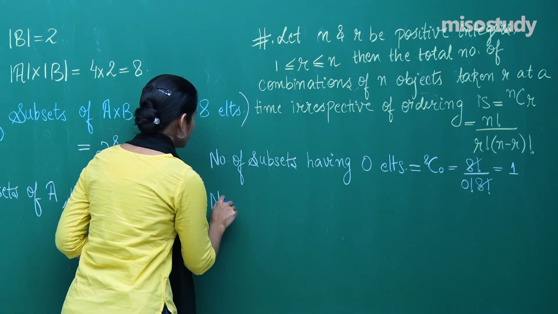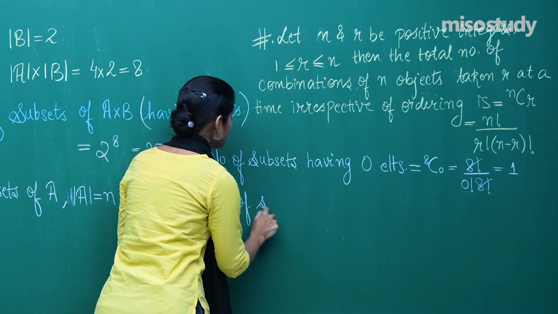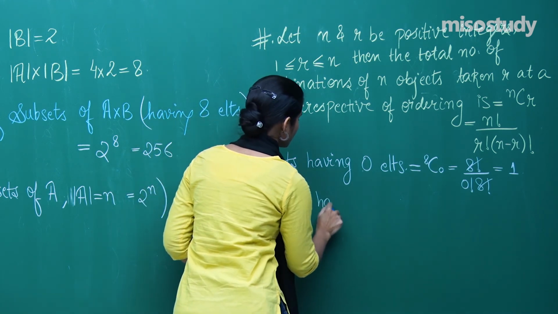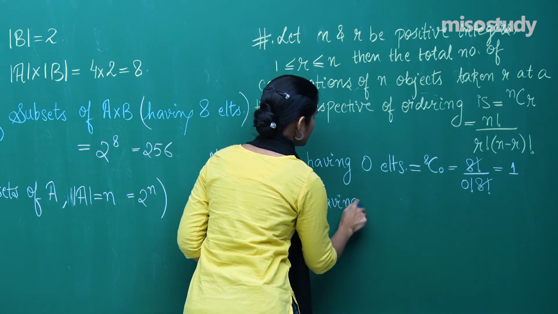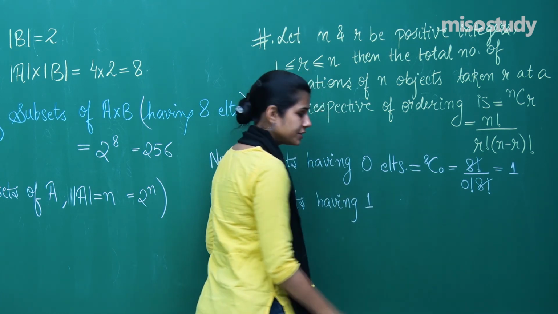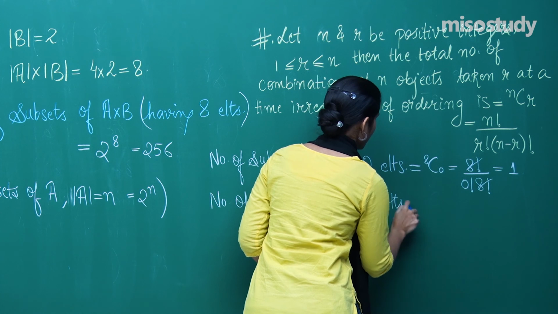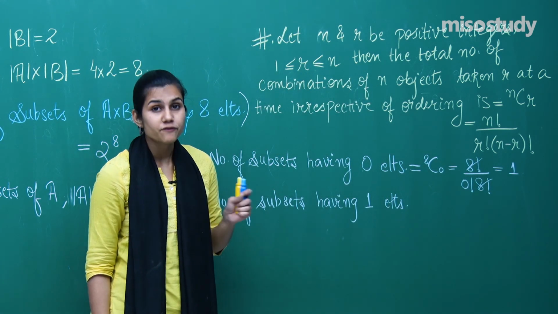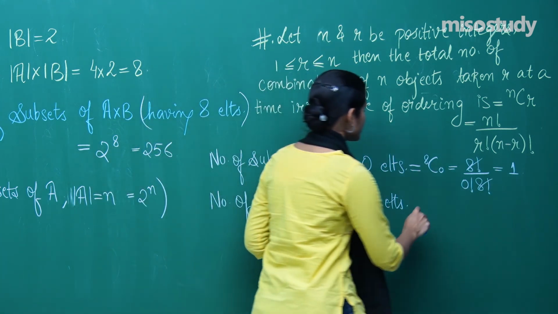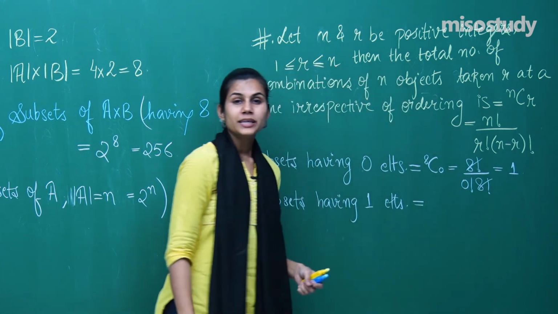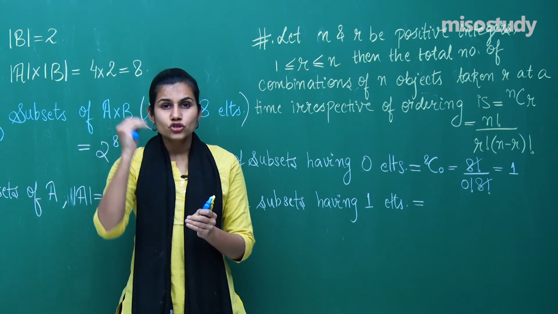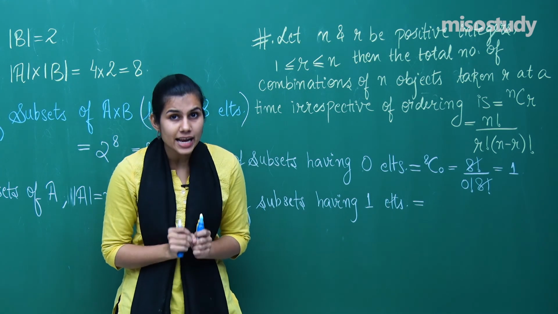If I have to find the number of subsets having 1 element out of 8 elements, I want to find those many subsets who have 1 element. That means out of 8 elements, what are the possibilities in which I can choose 1 element from 8 elements?